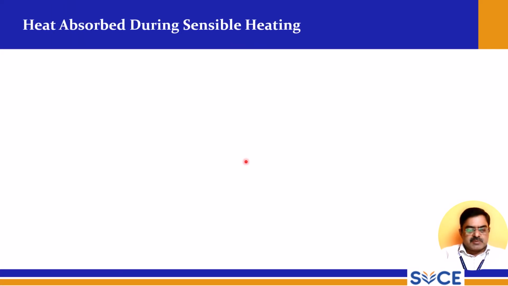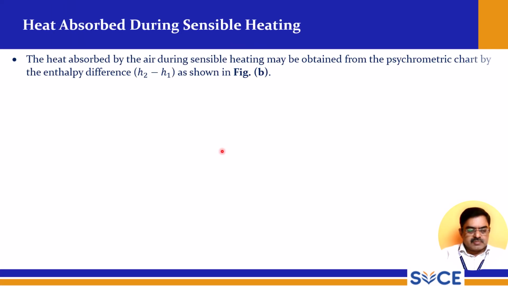Heat absorbed during sensible heating. The heat absorbed by the air during sensible heating may be obtained from the psychrometric chart by the enthalpy difference H2 minus H1. So in that inclined line, H2 minus H1 is the heat absorbed by the air during sensible heating.